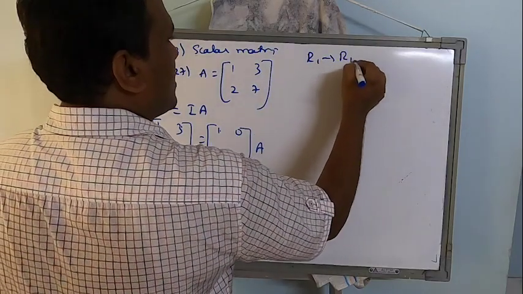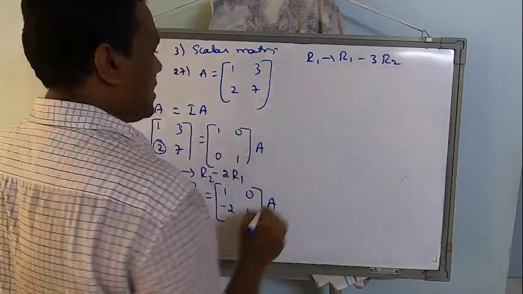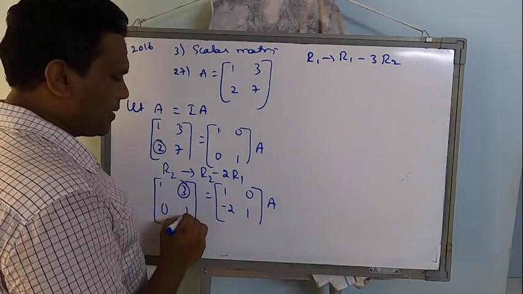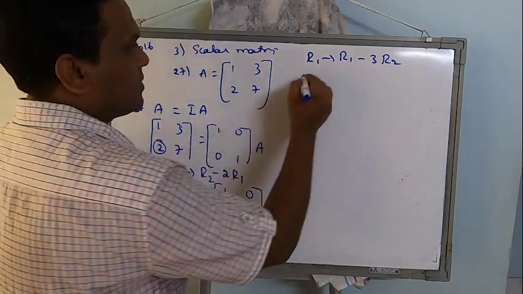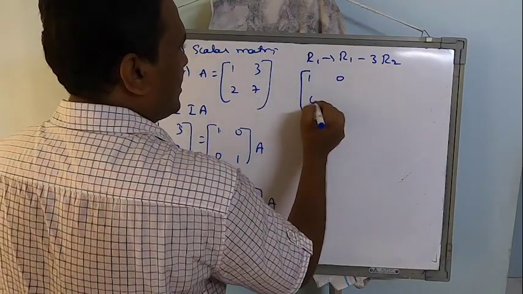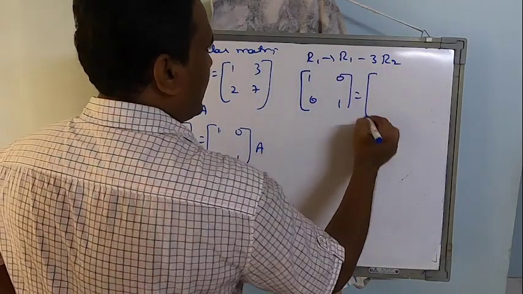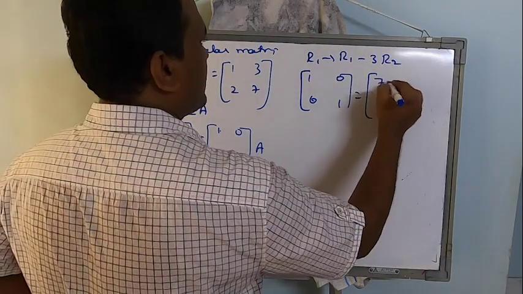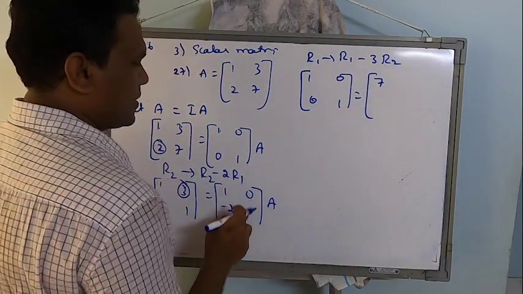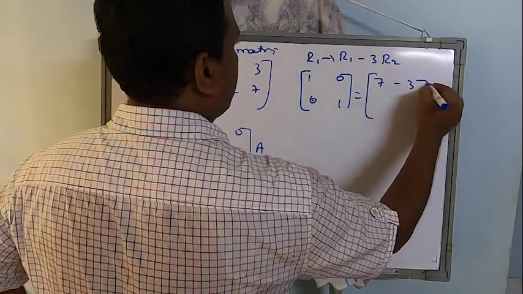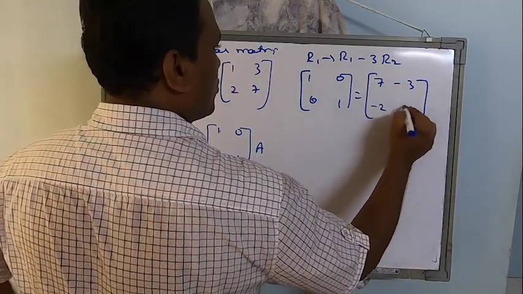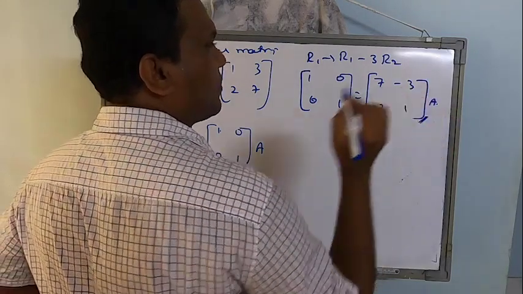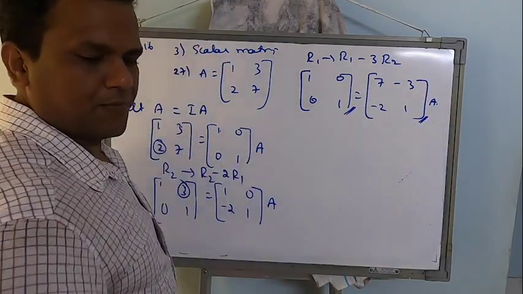R1 will be written as R1 minus 3 times R2. 3 should be multiplied to this and subtracted from this. So this becomes 1, 0, 0, 1, and on the right side 1 plus 6, that's going to be 7, right? And the next one is going to be minus 3, and here it is minus 2, 1, no change here. As this is an identity matrix, this will be the inverse of the given matrix.